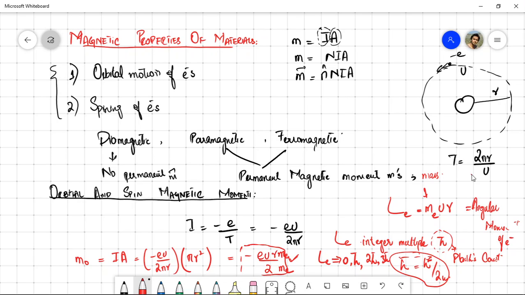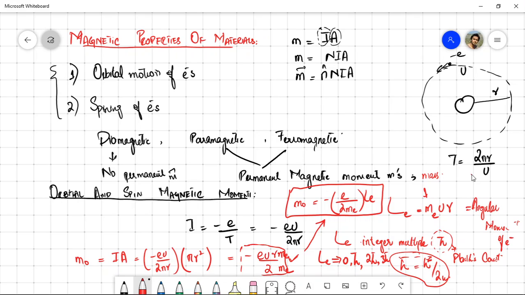Now we have U, we have R, we have M. We can replace this and modify this equation and write this as minus E over 2ME into LE.